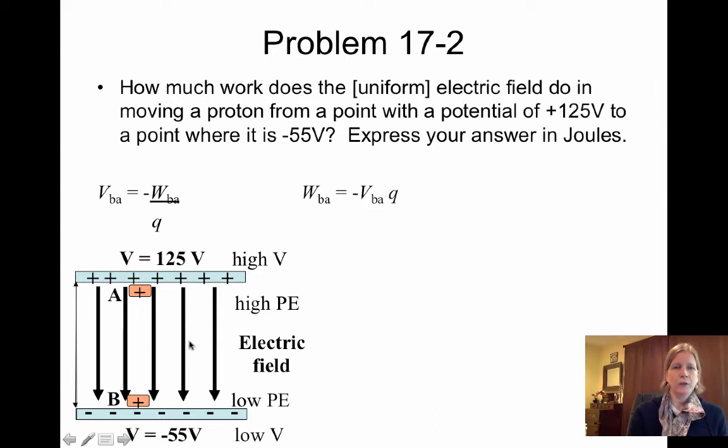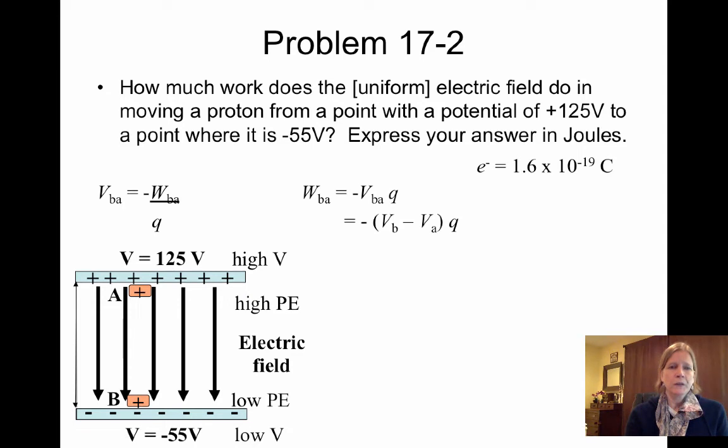We're asked to solve for the work, so we'll rearrange and solve that the work to go from position A to B is the negative of the change in the potential from A to B multiplied by the charge. Charge was the charge on one proton. The charge on one proton equals the charge on one electron, 1.602 times 10 to the minus 19 coulombs. Okay, and so what's our change in potential?